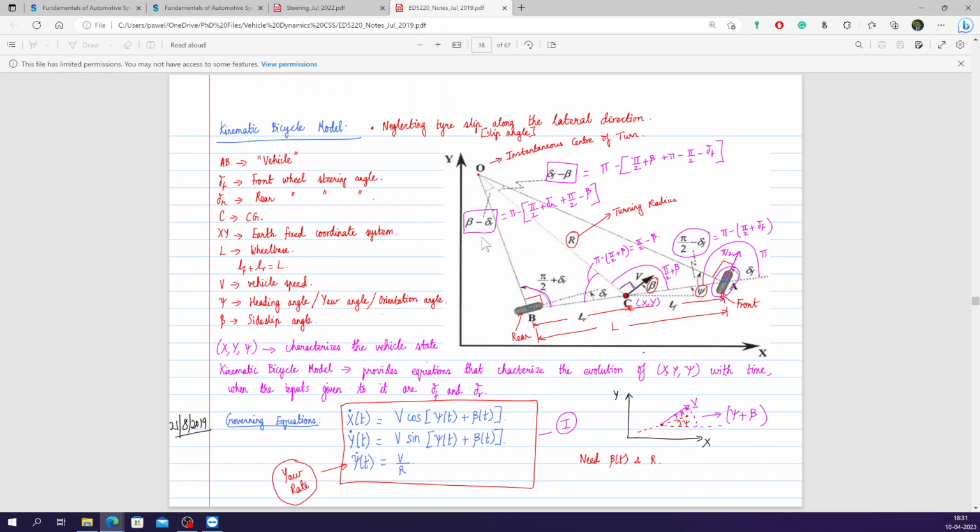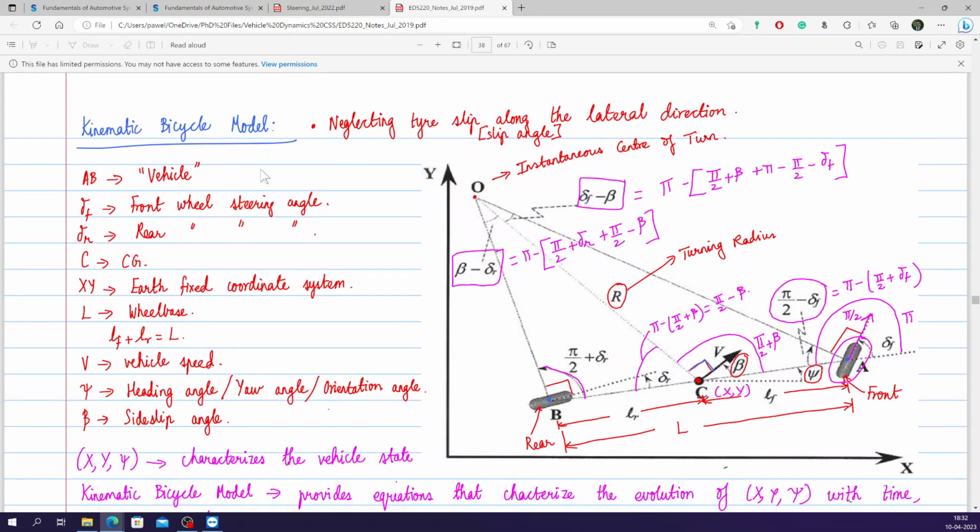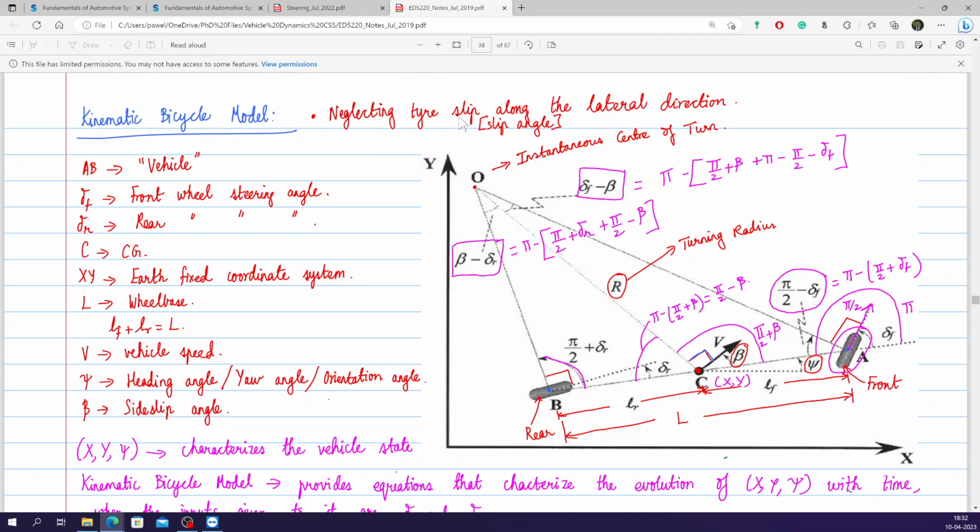So we are looking at a kinematic bicycle model which neglects the tire slip along the lateral direction. If we consider this point O, about which we want to consider the rotation of the vehicle, and R to be the turning radius, where point C happens to be the center of gravity.